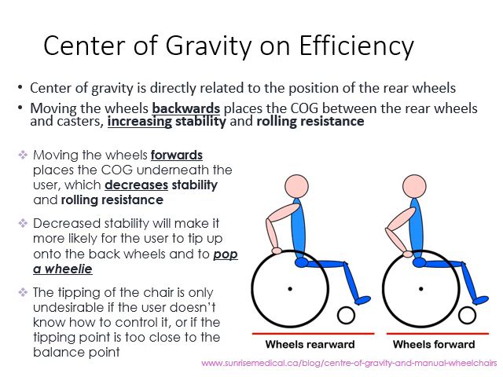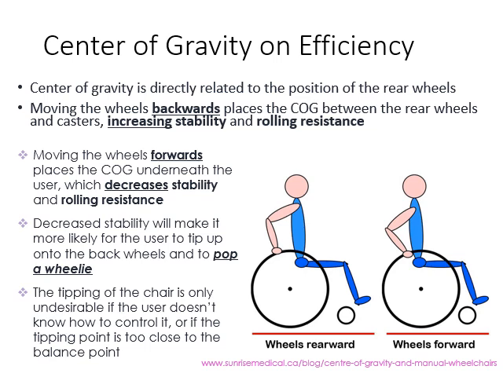When we move the rear wheels forward and decrease the stability of the wheelchair, we also decrease its resistance to rolling. So we make the whole wheelchair a little less stable. Now that could be a good thing because it helps the patient to pop a wheelie.